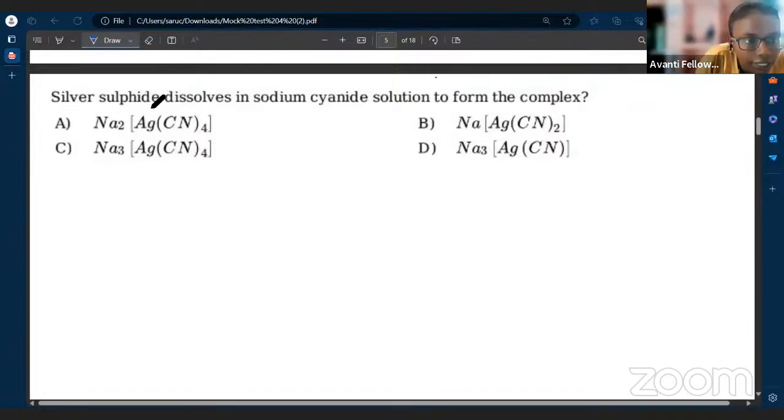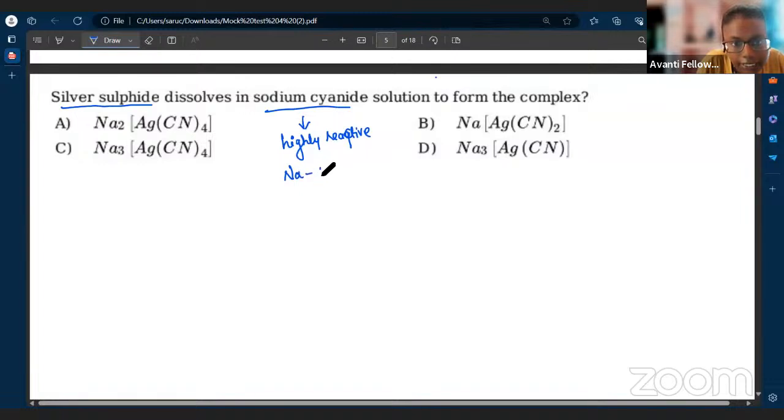Silver sulfide dissolves in sodium cyanide, where sodium cyanide is highly reactive. This is because in NaCN, nitrogen is highly electronegative and pulls the electron towards itself.